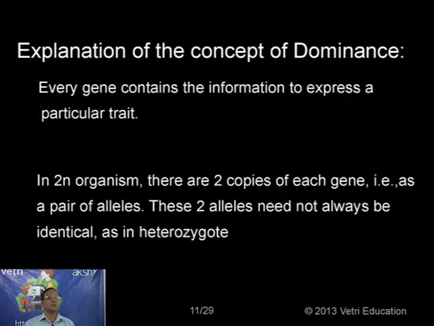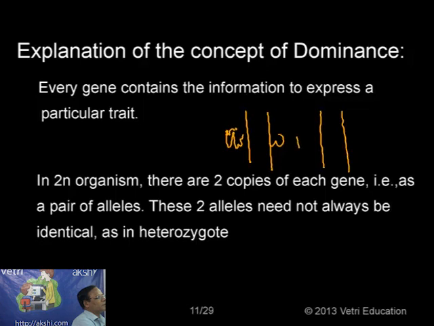Normally these two alleles may be similar for a particular character, or need not always be similar, as in the case of a heterozygote. For example, I am taking capital W, small w, and again capital W, capital W. So these two alleles need not always be identical.